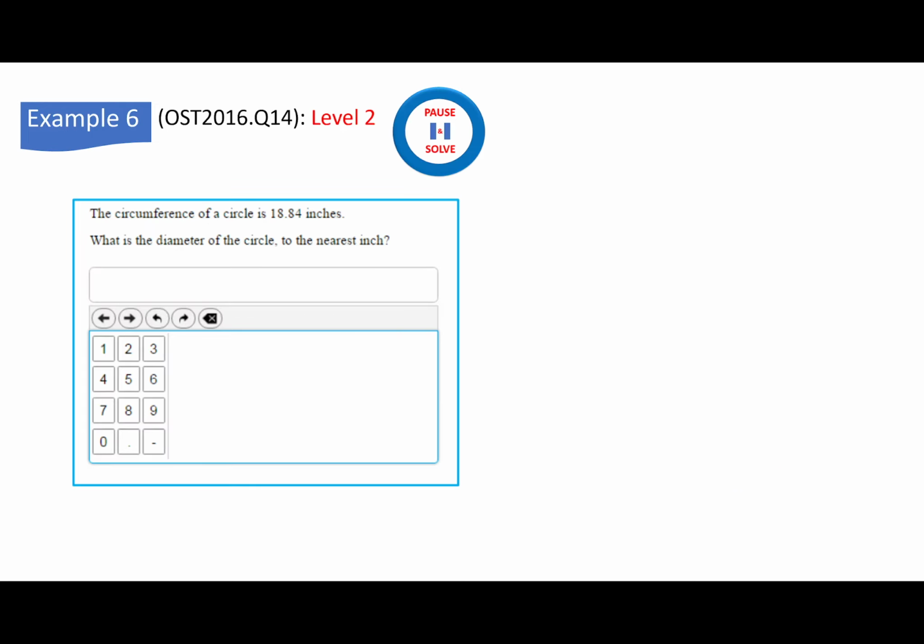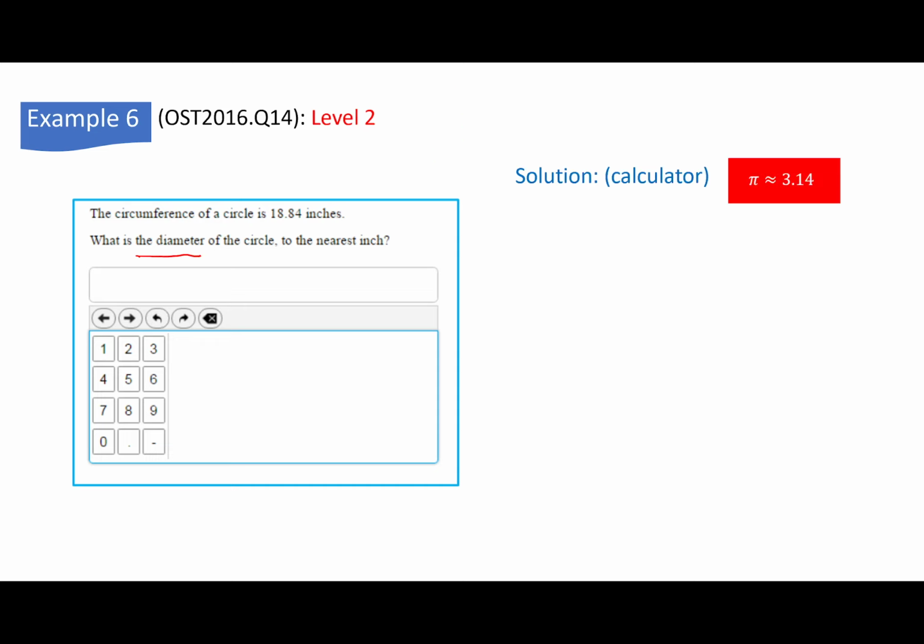Example 6. The circumference of a circle is 18.84 inches. What is the diameter? Again, to the nearest inch. Okay, so this is the pi. Now, what is the formula for the circumference? Pi times the diameter.